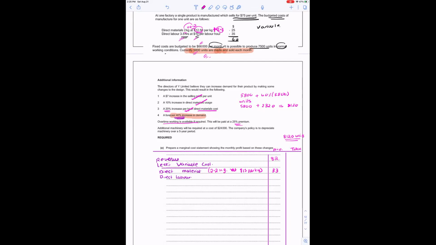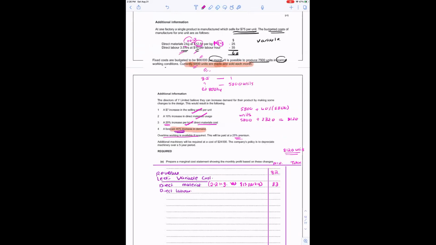They used to work 3.5 hours to make 1 unit. So to make 5,800 units, how much did they work? To make 5,800 units, they worked 20,300 hours. Let's multiply 5,800 into 3.5. We are getting 20,800 hours.